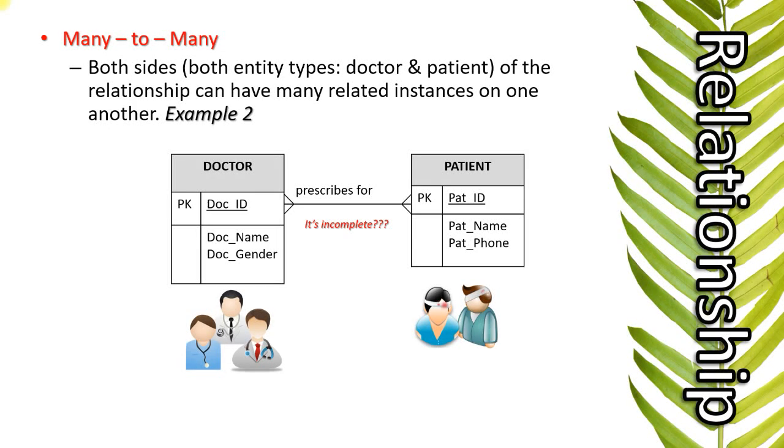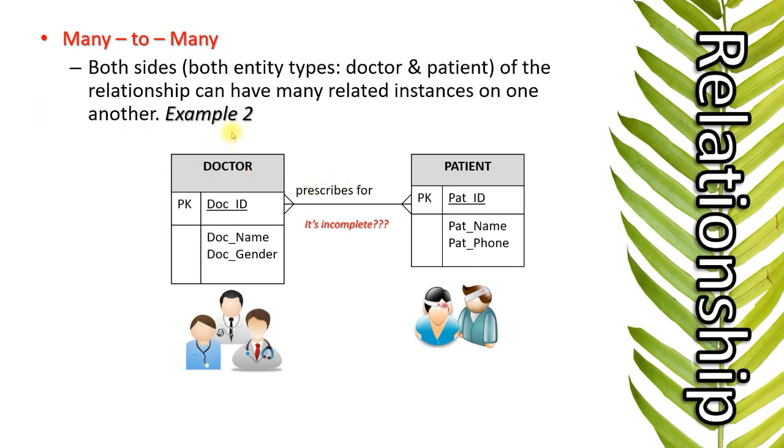I have another example of many-to-many relationship type here. What is many-to-many again? Both sides, or both entity types. Here we have doctor and patient. The relationship can have many related instances on one another.